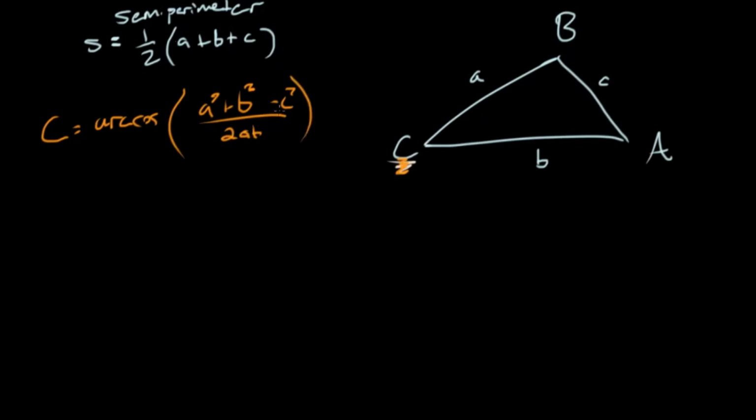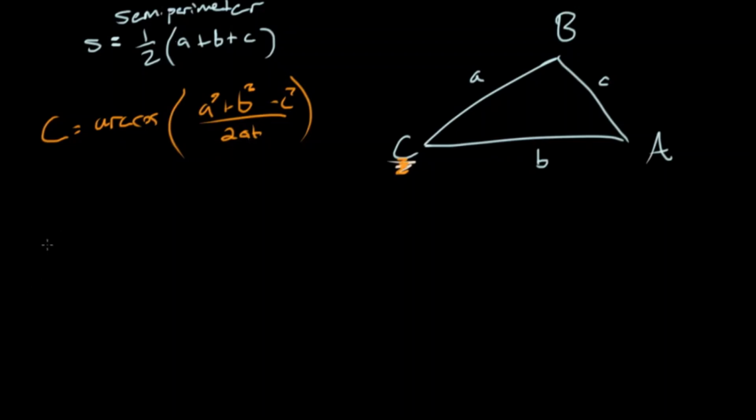This is just a different form of the law of cosines. The measure of angle C is the arc cosine of a squared plus b squared minus c squared divided by 2ab.